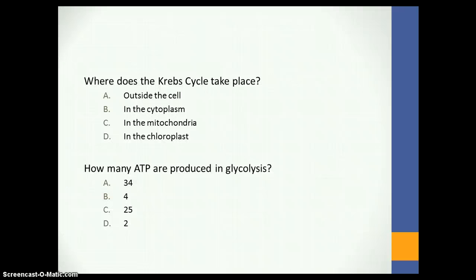D, or 2, is the correct answer. And remember, in cellular respiration, the total ATP produced is 38. We have 2 from glycolysis, 2 from the Krebs cycle, and then 34 from the electron transport chain. So hopefully that helps with photosynthesis and cellular respiration.